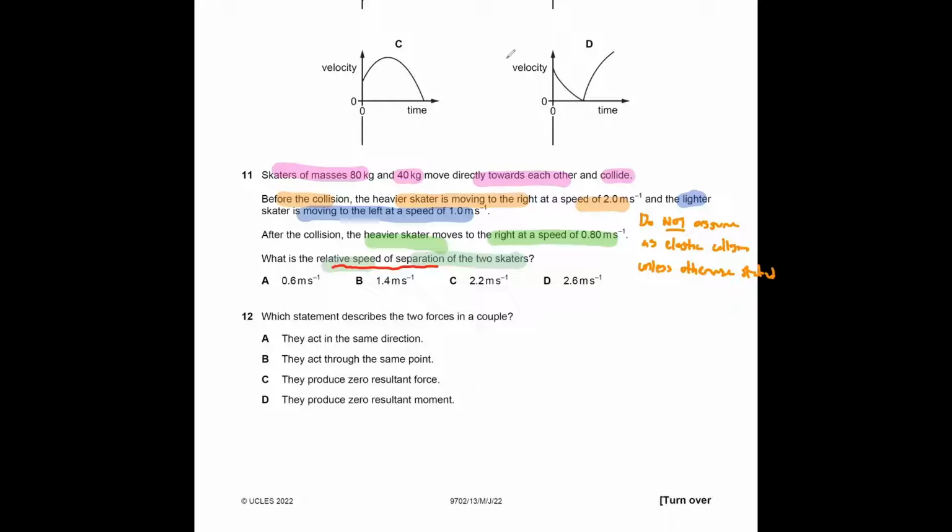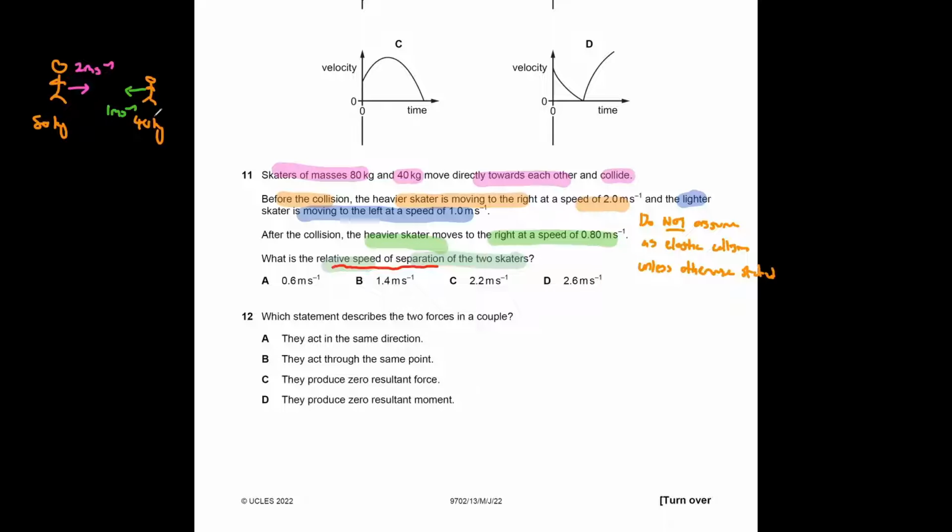So here, what you need to do is apply conservation of momentum. You have the heavier skater of 80 kg, and the lighter skater of 40 kg. The heavier skater is moving towards the right with a speed of 2 meters per second, whereas the lighter skater is moving at 1 meter per second.